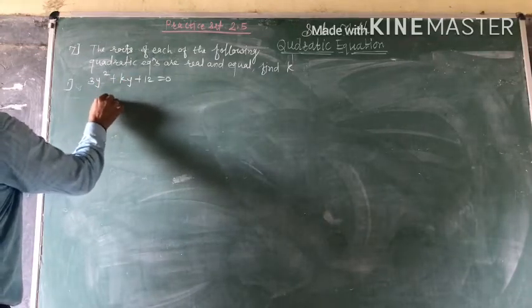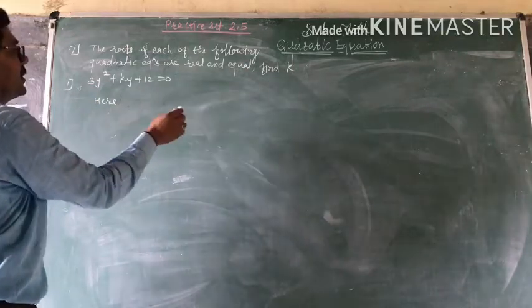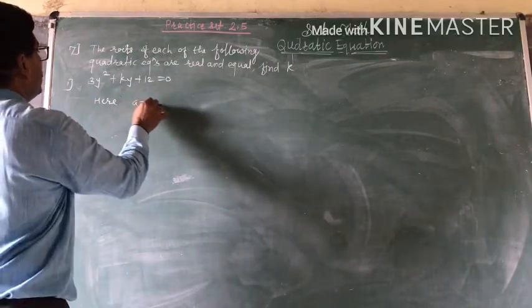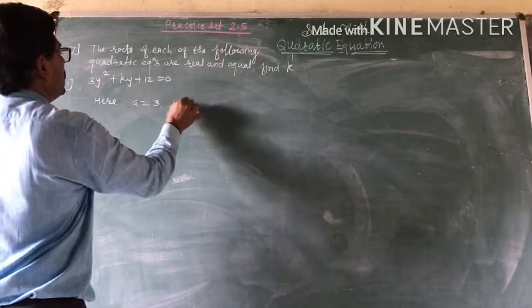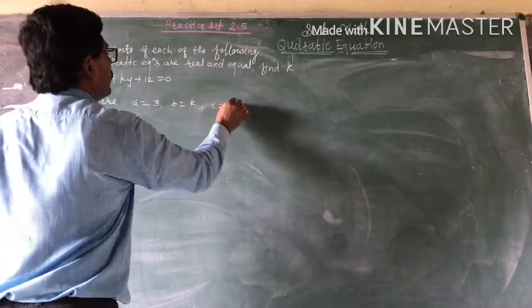Here compare this equation with x square plus bx plus c. Then what is the value of a? A is equal to 3, b is equal to k, and c is equal to 12.